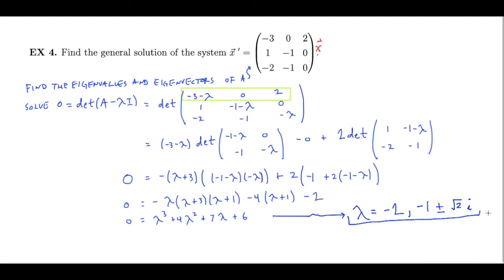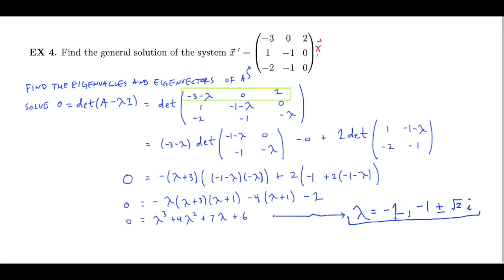Now that I have identified these eigenvalues, I'll find the corresponding eigenvectors, and I'll just acknowledge ahead of time that it's going to be a little tricky plugging this in with the square root of 2 and the i, etc. And so I'll probably utilize some resources there as well, but let's go ahead and give it a shot.